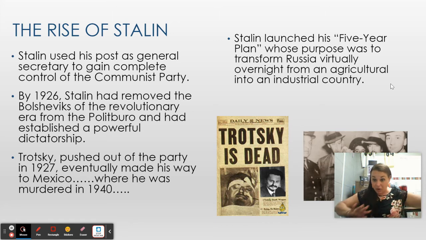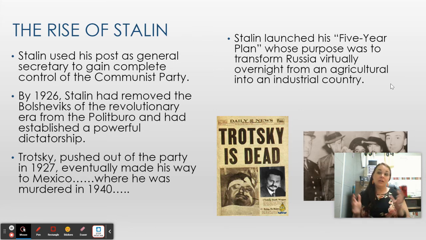But he had been on the run from Stalin for over a decade, and Stalin was still determined to hunt him down and get rid of him. And so Stalin, by the late 20s, early 30s, has secured complete power in the Soviet Union through just death and fear.